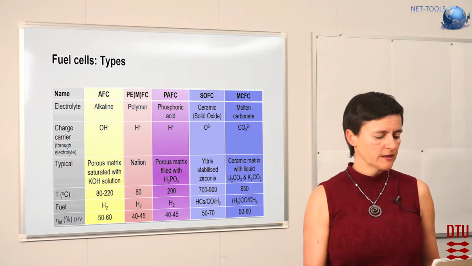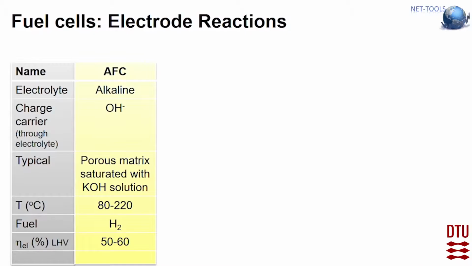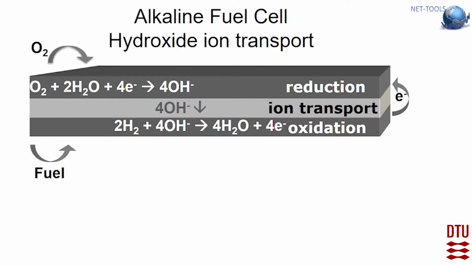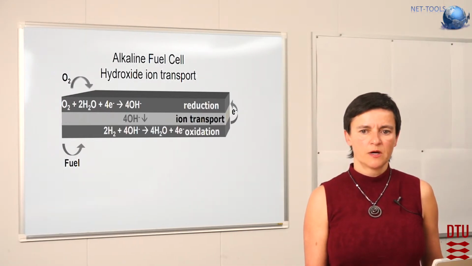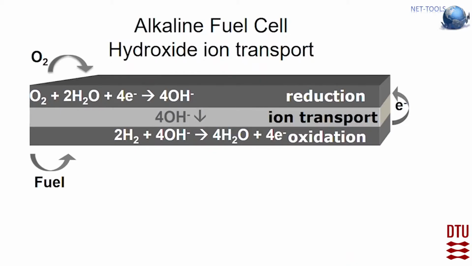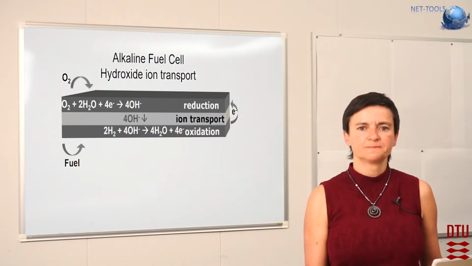Let's start with the alkaline fuel cell shown here. And this is again the sketch of the 3 main parts, the electrolyte and the cathode and anode. You see that in this case hydrogen as a fuel is taking up hydroxide ions by donating or releasing electrons. And the hydroxide ions come from the cathode side.